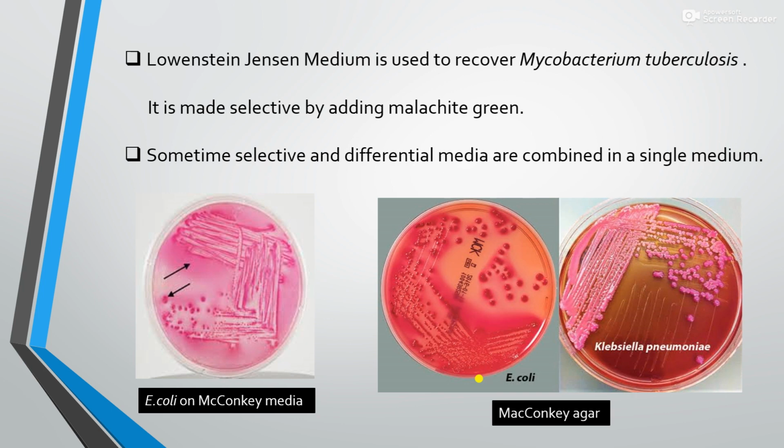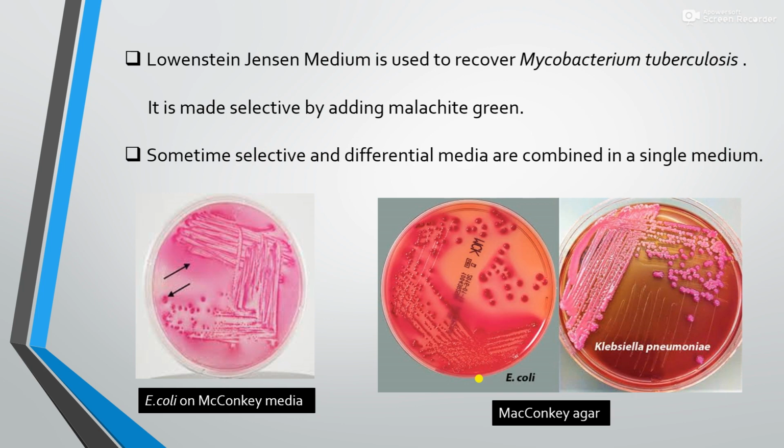It suppresses the growth of the undesired microorganisms. Lowenstein-Jensen media is highly recommended for the growth of Mycobacterium tuberculosis. In general, it is used for Mycobacterium species.